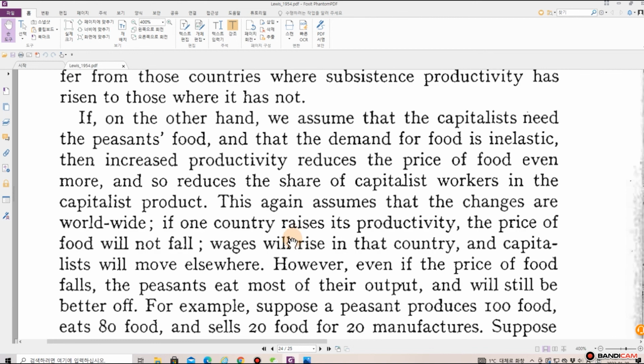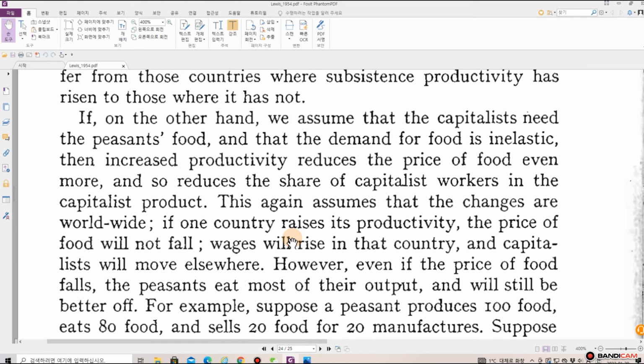If, on the other hand, we assume that the capitalists need the peasants' food and that the demand for food is inelastic, then increased productivity reduces the price of food even more, and so reduces the share of capitalist workers in the capitalist product.